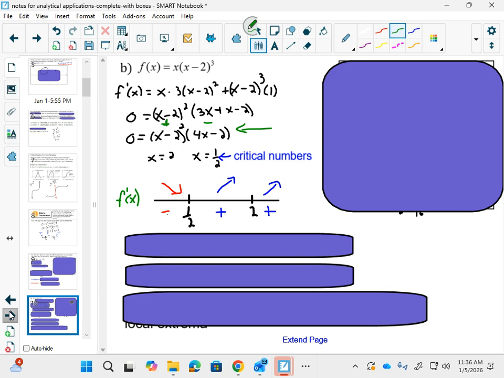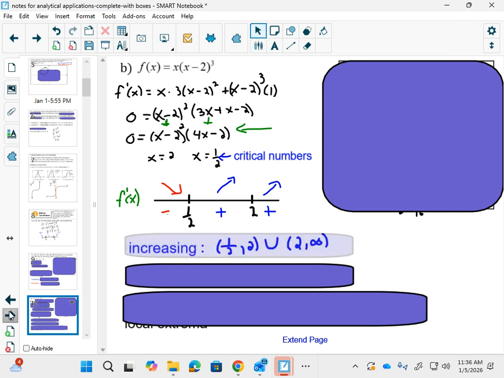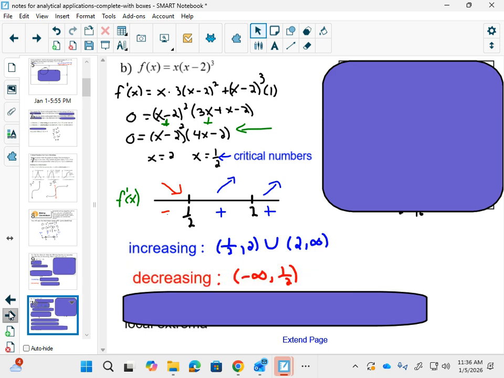If I plug in 1, 4 minus 2, now this is positive, and a positive times a positive number will be positive. That section's positive. If I plug in something bigger than 3, this is still positive. So we have decreasing, then increasing, then increasing. So we can say the interval where it's increasing, we can say the interval where it's decreasing.